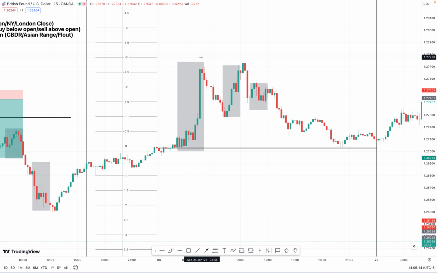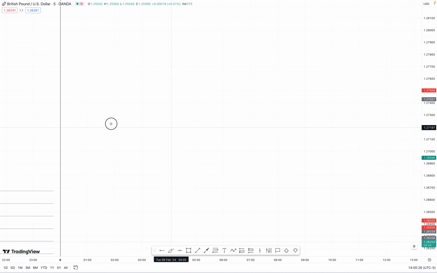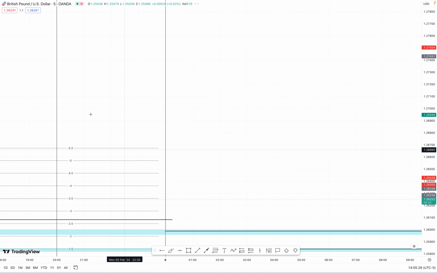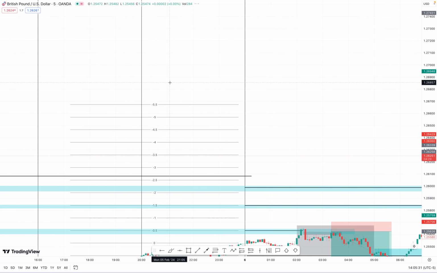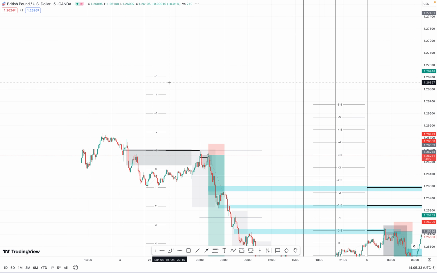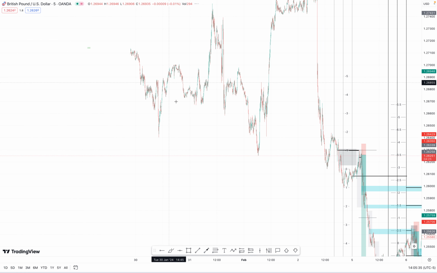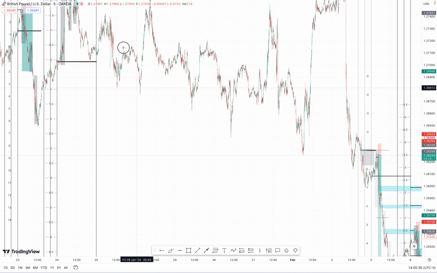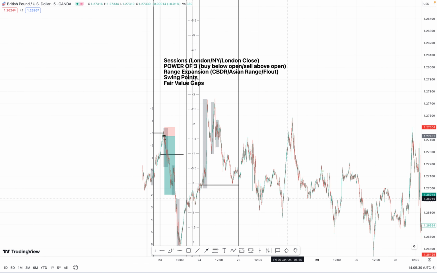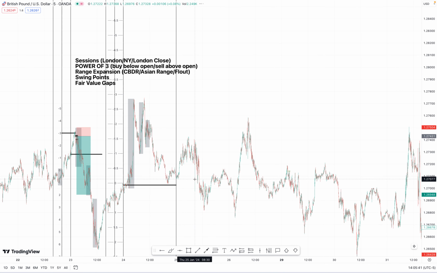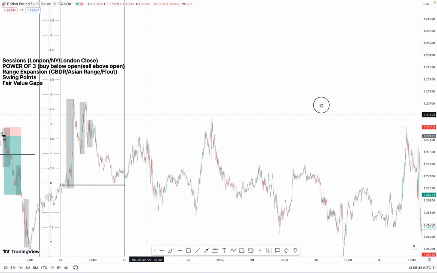Next one, it doesn't need to be at all, right? So let's go into a 5-minute chart. We've drawn our flout. That's the thing I think would work best. Maybe the Asian range or central bank dealers range would be better, but the way I'm looking at it now, I just want to be using flout.